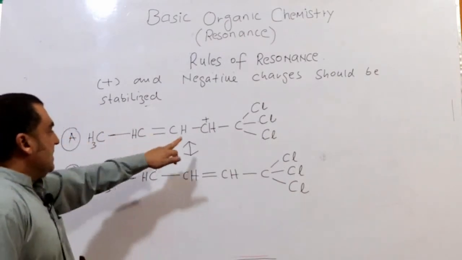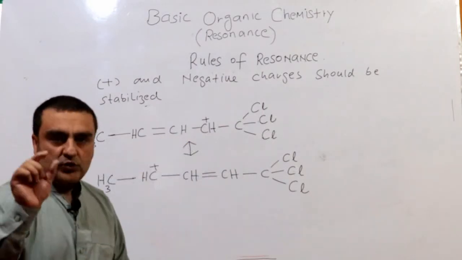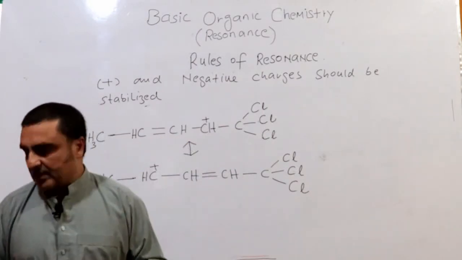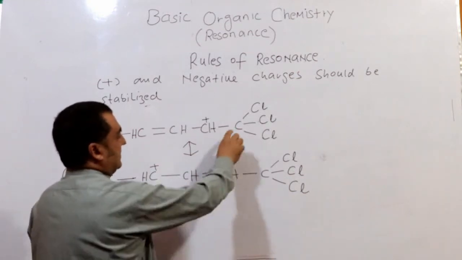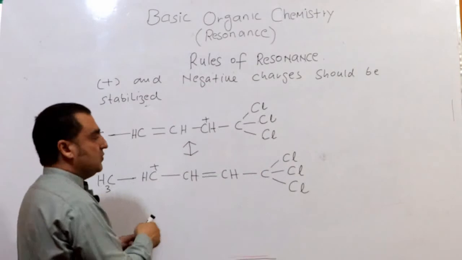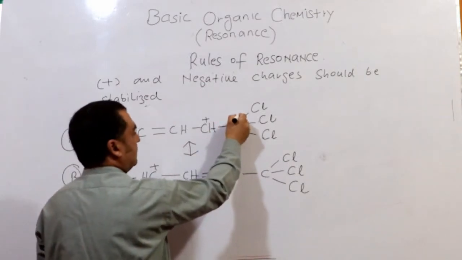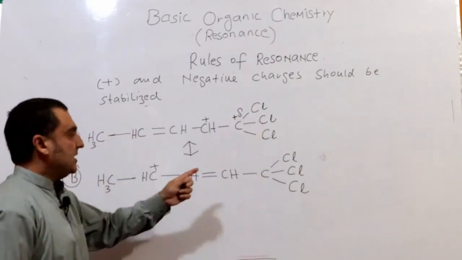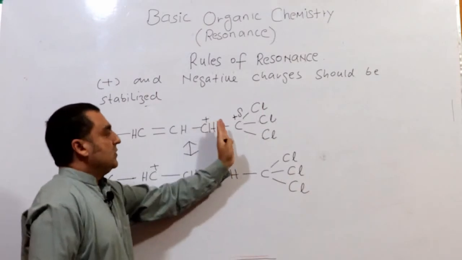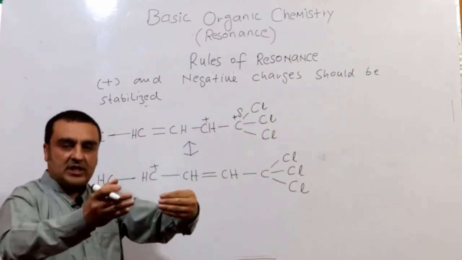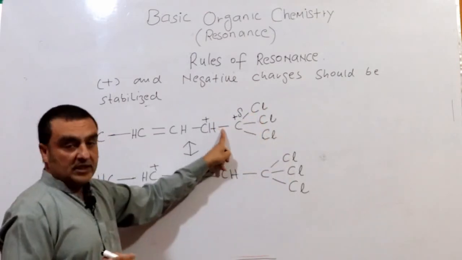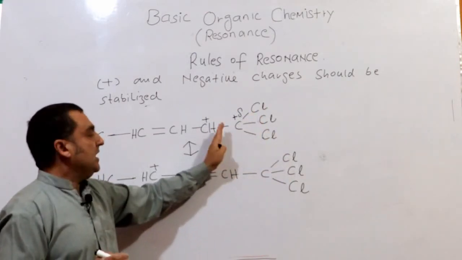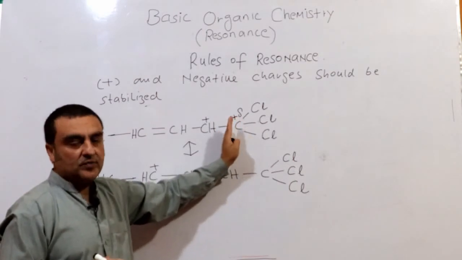I need to exaggerate these charges a little bit so you will understand it more. As this carbon has three chlorine atoms, it is partially positive, because those chlorines pull the bonding electrons away from it, and it in turn pulls the electrons from this bond.